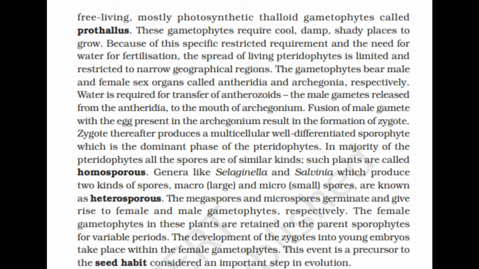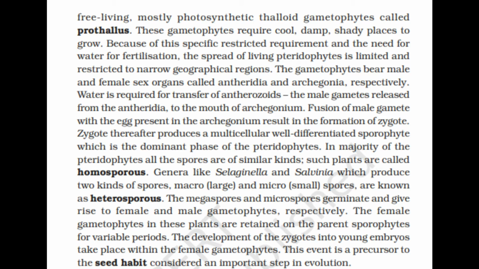Water is required for transfer of antherozoids, the male gametes released from antheridia, to the mouth of the archegonium. Fusion of the male gamete with the egg present in the archegonium results in the formation of zygote. The zygote thereafter produces a multicellular well-defined sporophyte, which is the dominant phase of pteridophytes.